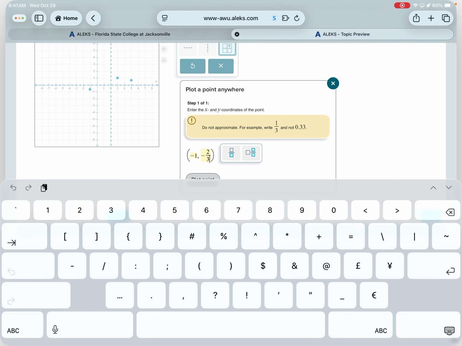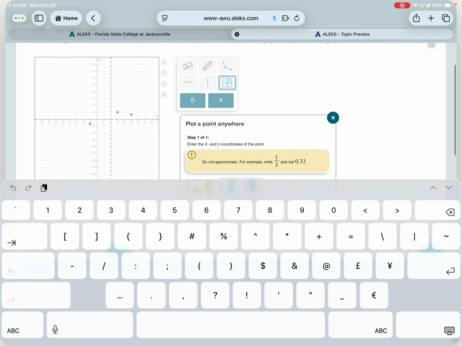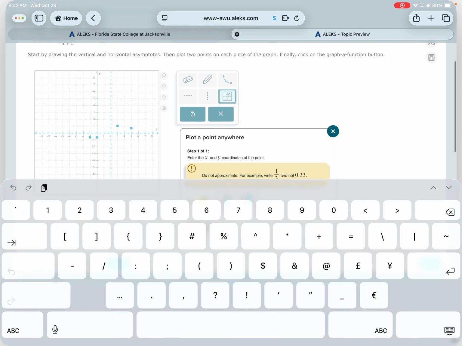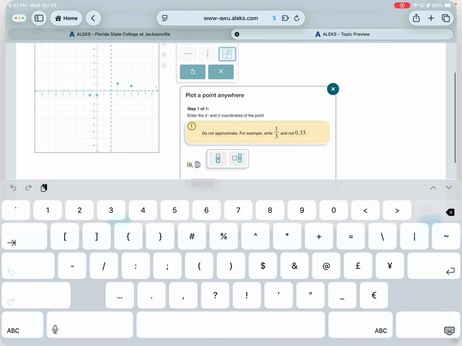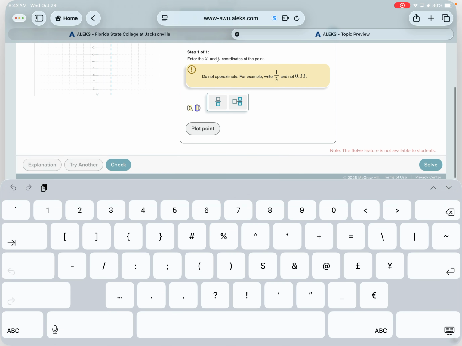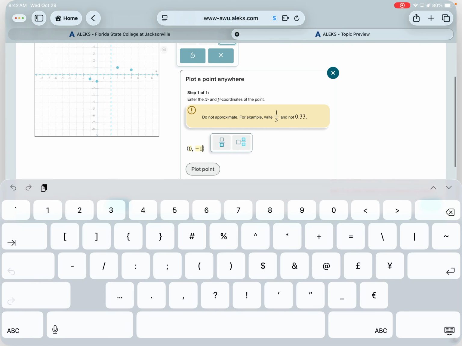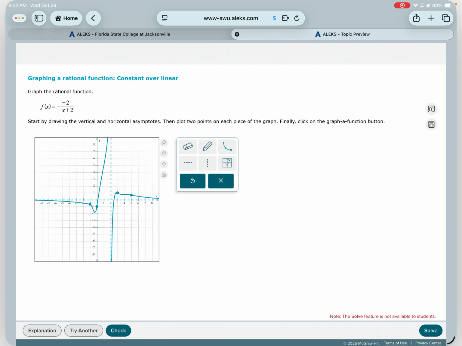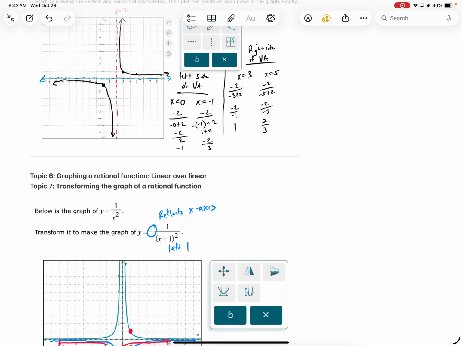And when I plugged in a 0, I got out 1. No, I got out negative 1. What did I do wrong? Did I do some math wrong here?